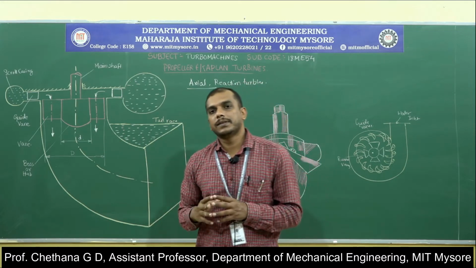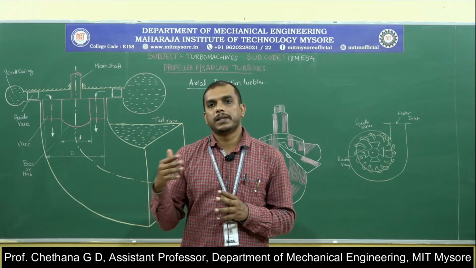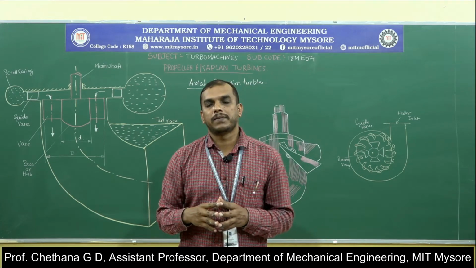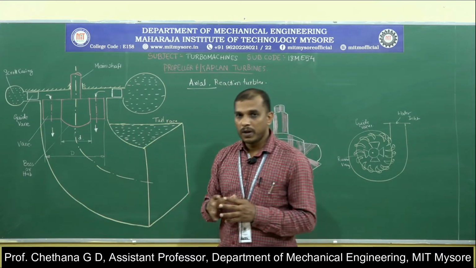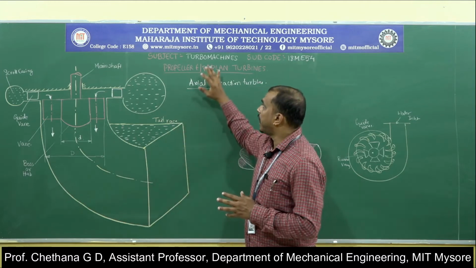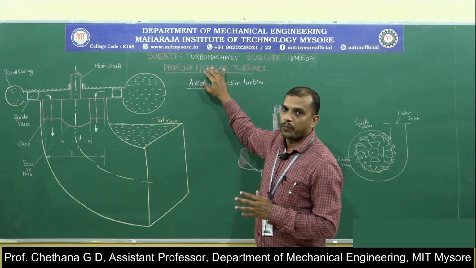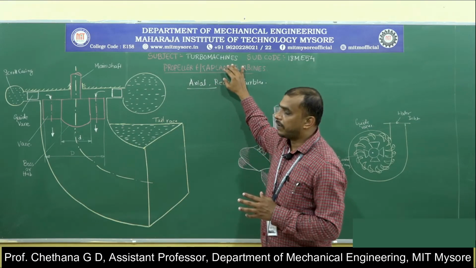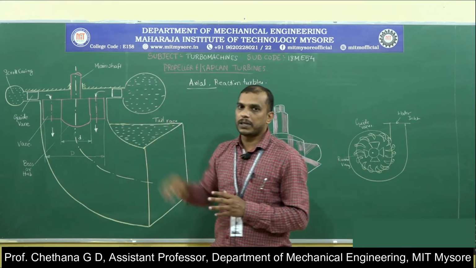Unlike a Francis turbine, where the water enters in the radial direction and the exit is axial, which we call a mixed flow turbine. This turbine is named after Victor Kaplan, an Austrian engineer, for his contribution in the development of this particular turbine.